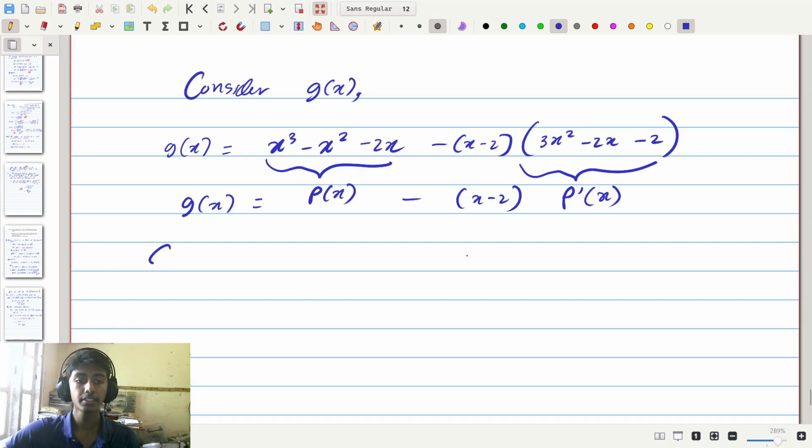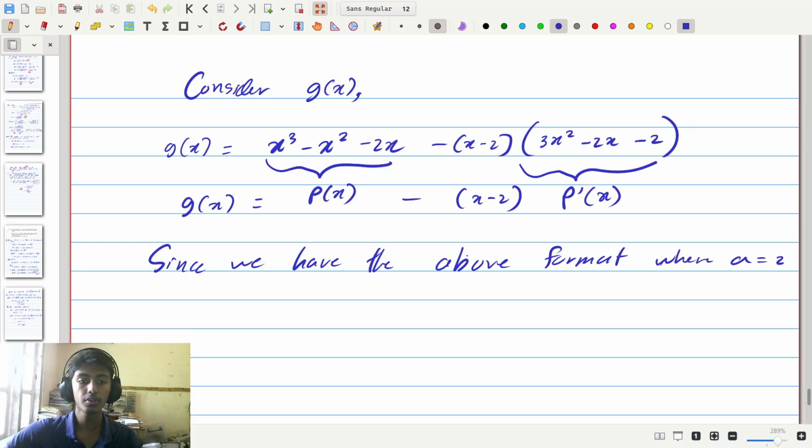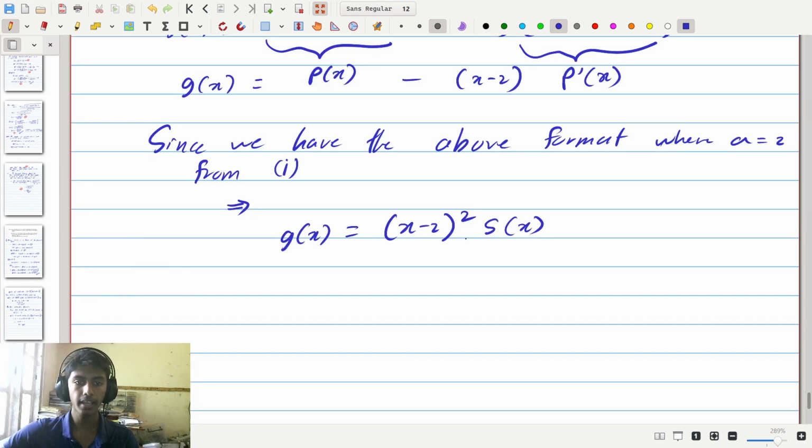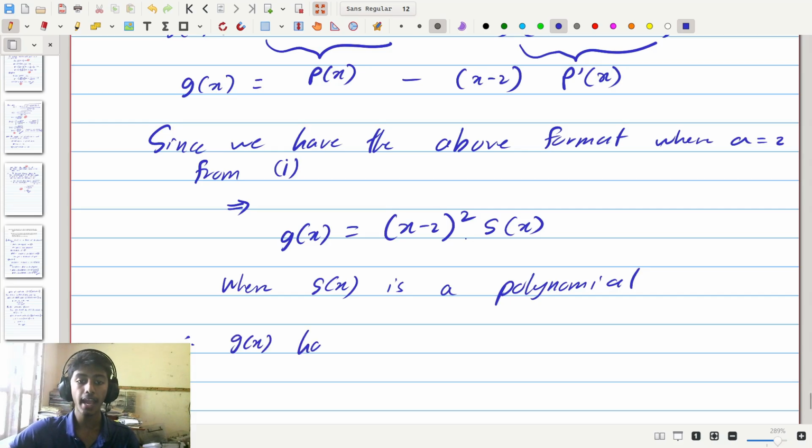So we can say that since we have the above format where a is equal to 2 from question 1, we can say that g of x must be equal to x minus 2 whole thing squared times some other polynomial s of x, where of course we need to say that s of x is a polynomial.